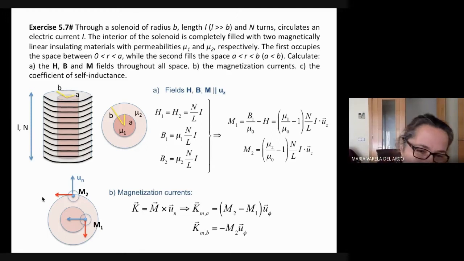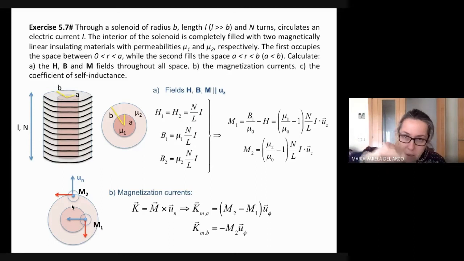But then in the surface between both materials, right there, we will have to take into account two contributions to the surface magnetization currents. The one coming from material number 1 and the one coming from material number 2. Okay, so material number 1 has a magnetization that is also parallel to UZ, so both M2 and M1 are parallel to UZ, but then depending on which one of both materials we want to calculate the surface contribution to the surface magnetization currents, UN is going to change sense.